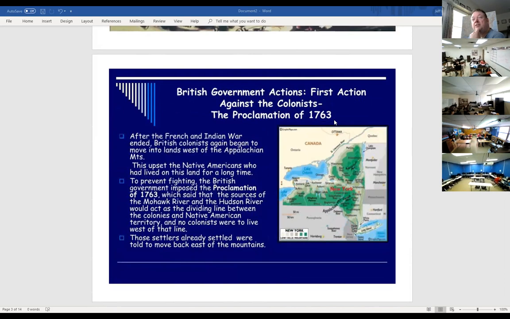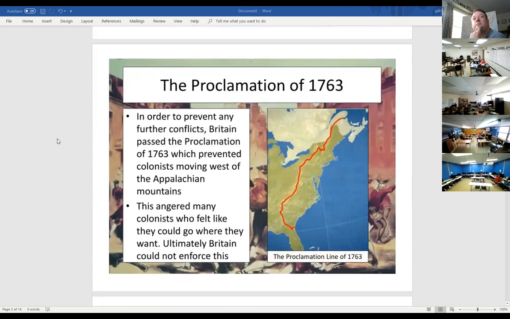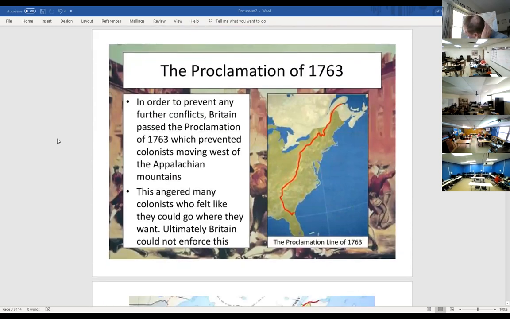So the Proclamation of 1763, in your note keeping, you might say, is the first action that the British government took against the colonists. And while England might have had good intentions, keep the colonists from fighting with the Native Americans, and less bloodshed, less war, less conflict is good.